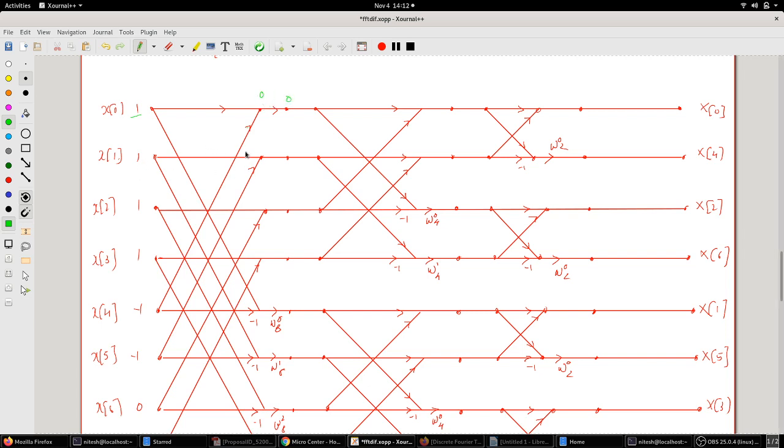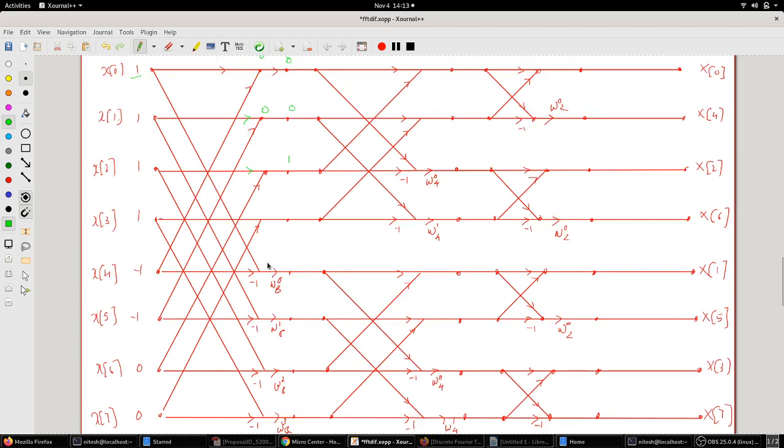Okay, 1 which is coming from here, plus 0, 1 plus 0 will be 1 here, then 1 plus 0, this will be a 1 here.